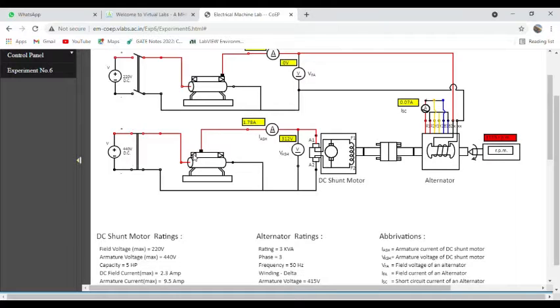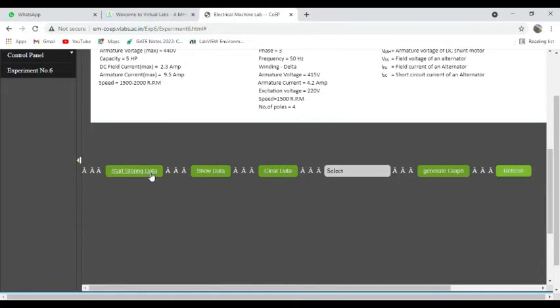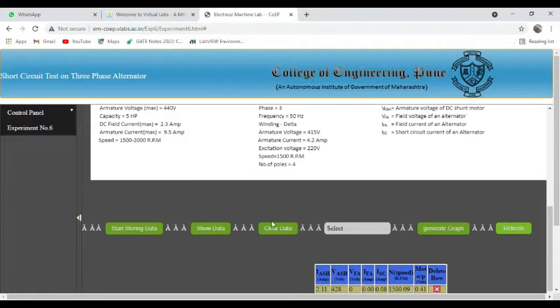As the DC shunt motor is connected mechanically to the alternator, both machines rotate at the same speed. Therefore, we can observe the speed of the alternator on the digital tachometer. Slowly increasing the speed up to 1500 rpm, and I store the initial value of this data.